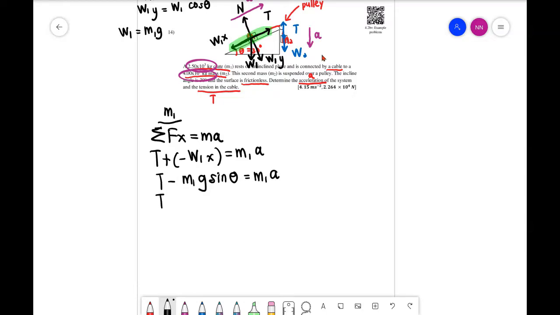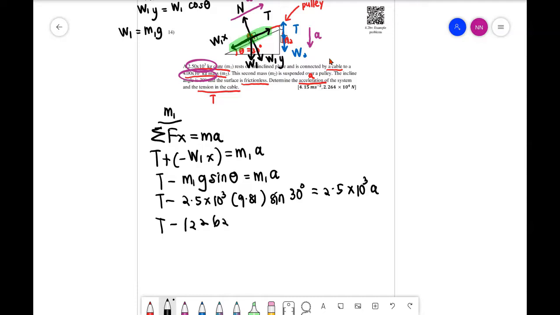Okay, so maybe we can substitute M1. M1 is 2.5 times 10 to the power of 3, G is 9.81, sine theta is sine 30 degrees, and M1 is 2.5 times 10 to the power of 3 times A. We can calculate 2.5 times 10 to the power of 3 times 9.81 times sine 30, which equals 12262.5.